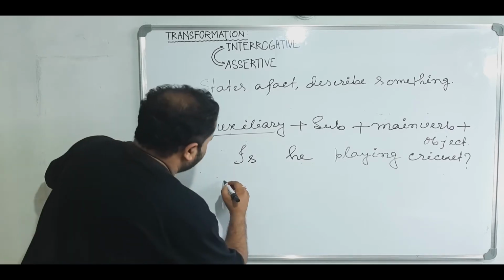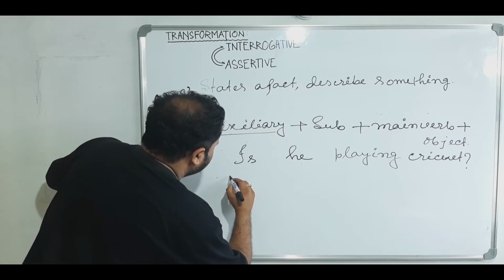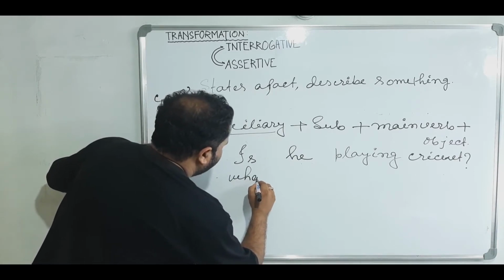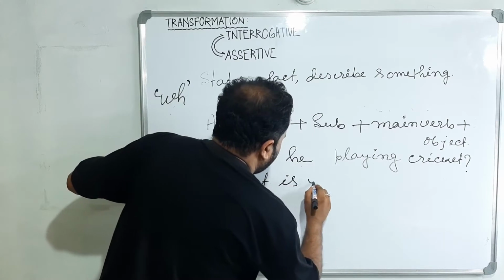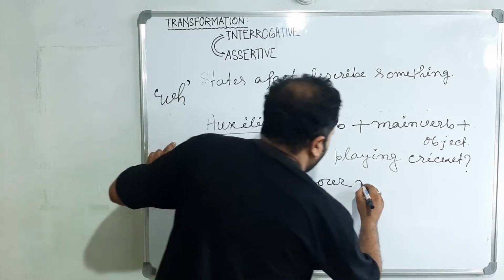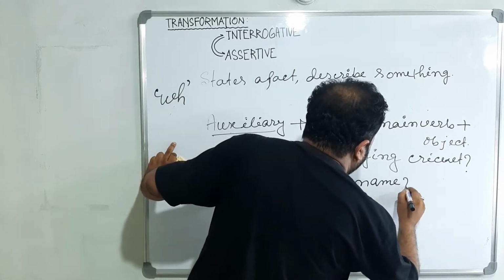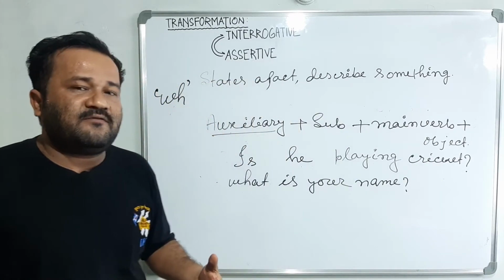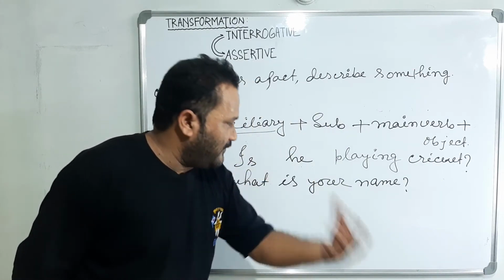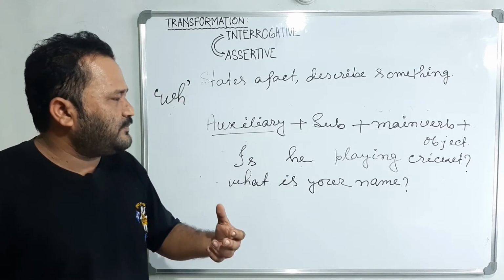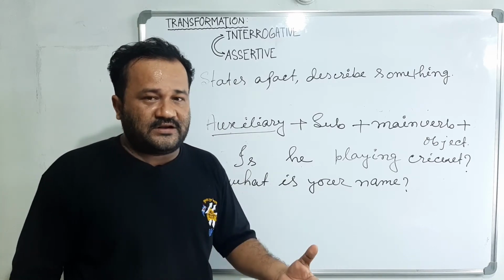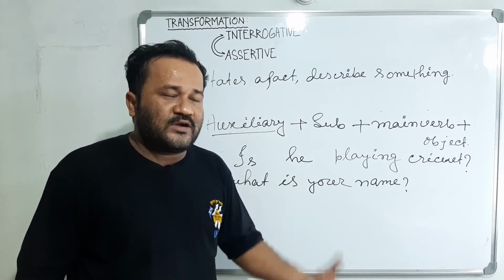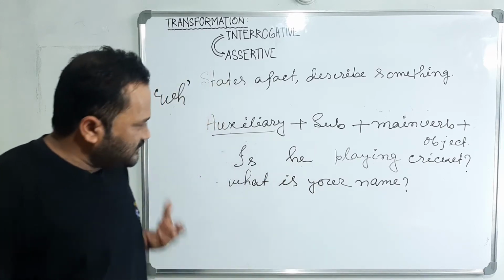Now, if I give you an example: what is your name? You have to give the answer in full. What is your name? You cannot say yes, or you cannot give the answer in no. You have to give the full information. What is your name?